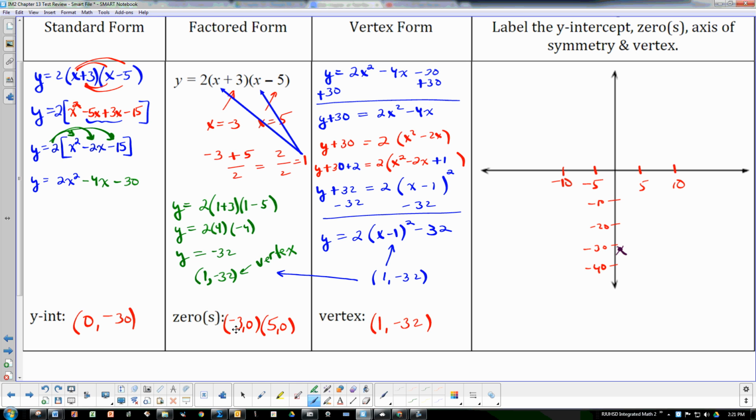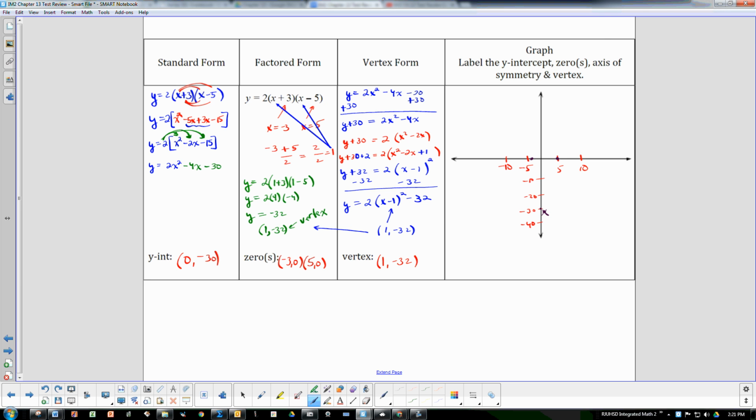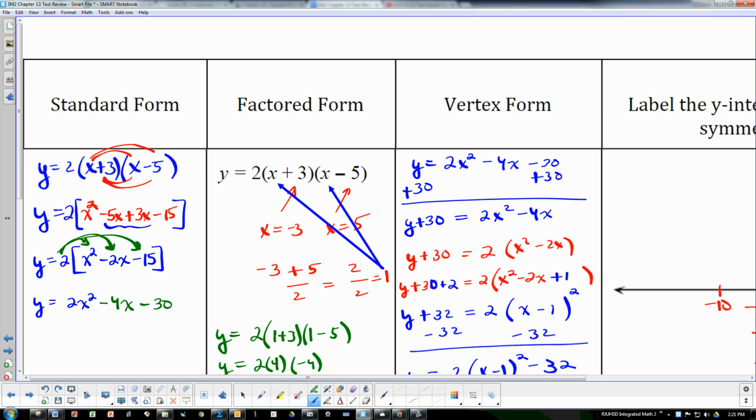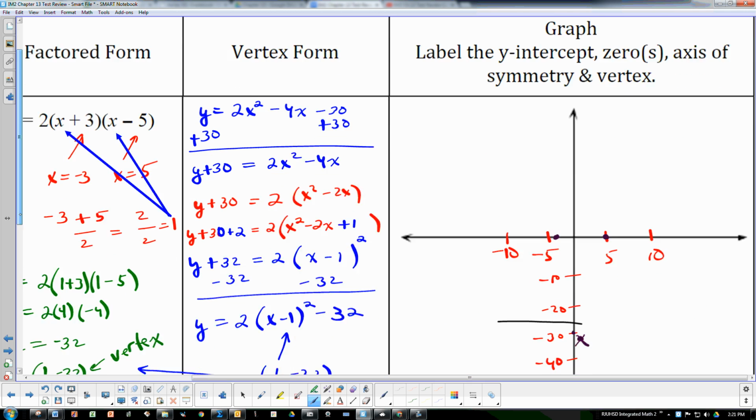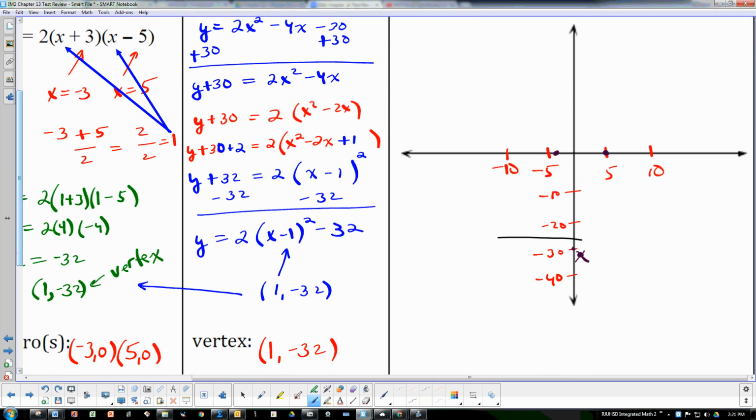These two are my zeros, so negative 3, 0 about right here. And 5, 0 is about right here. The y-intercept, well, here's my y-intercept, 0 comma negative 30 about right here. I'm going to go ahead and zoom in. So tracing through this, here is your parabola.